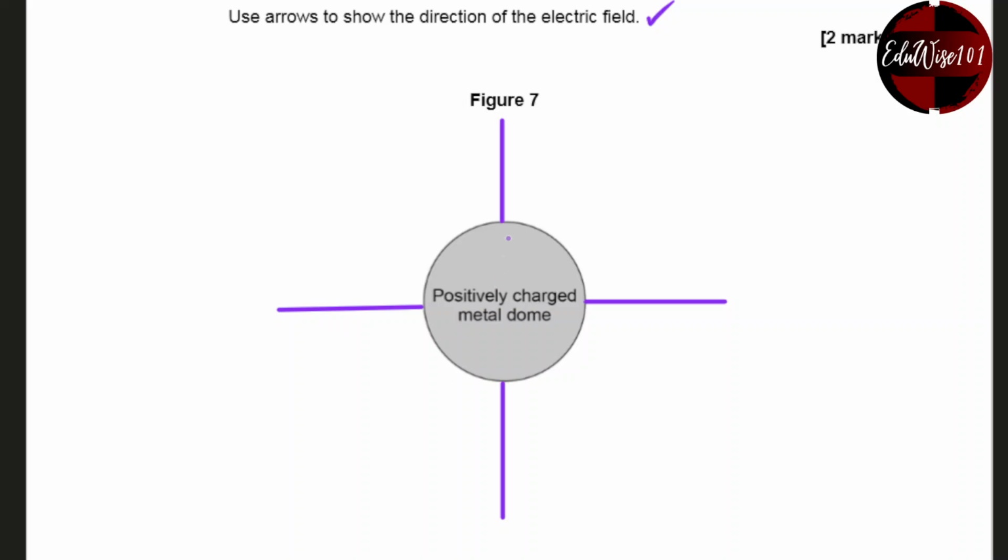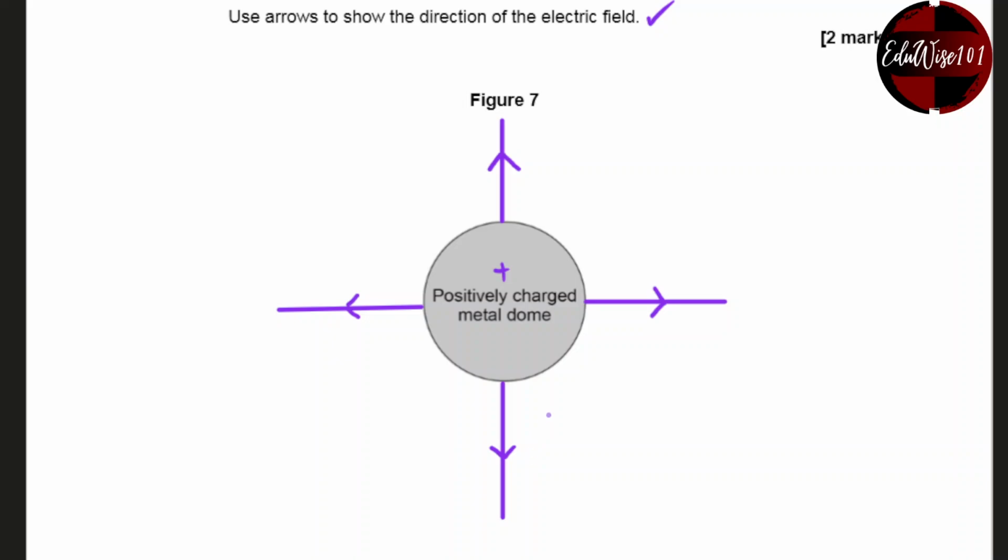Right. Now the question is, is it going to be pointing towards the positive charge or away? Now, the direction of our electric field is from positive to negative. So because this is positive, it should all be pointing away. Now the arrowheads need to be on the line, preferably, rather than at the end.